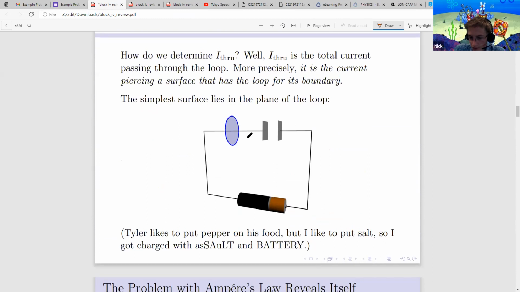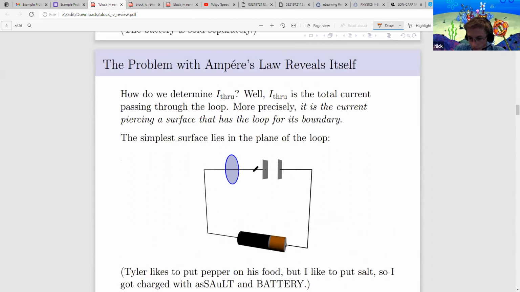Well, we could just say that the current going through the loop is whatever current is straight up going through the loop. But if you think about how Ampere's law is derived, it comes from Stokes' theorem. And Stokes' theorem basically relates what goes on the boundary of a surface to some surface that has that boundary as its edge.